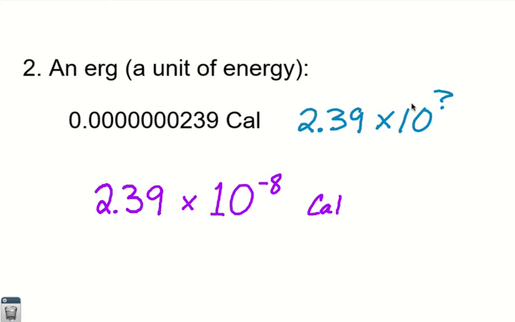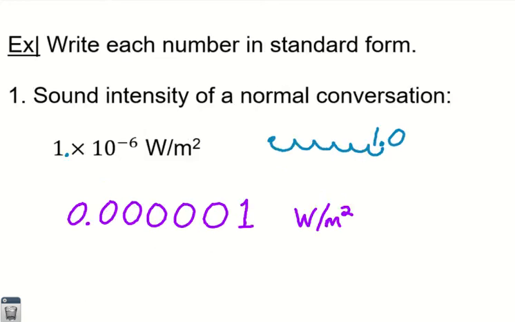Same thing, what would be the power that would take the decimal point from here, 2.39, all the way over here to the left? And you have to realize that a really, really small number like 0.0000000239 would have a negative power.